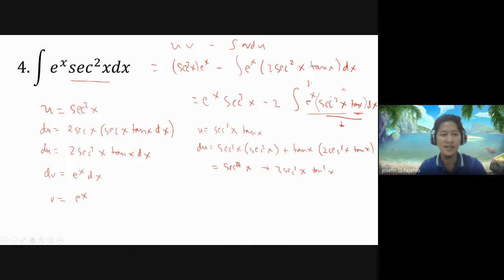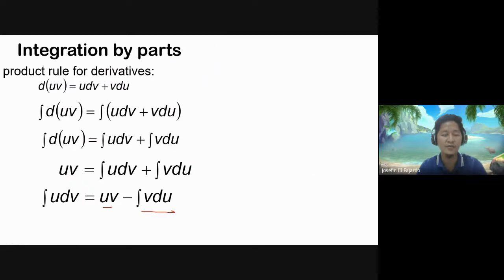So hindi laging umuubra si integration by parts. Minsan hindi. So we have to think of other method. So, ano gagawin natin dito?